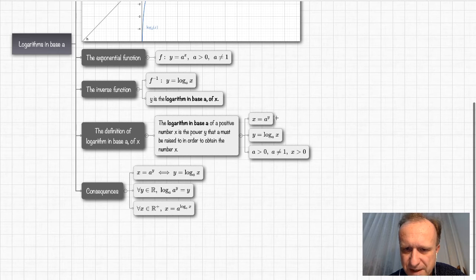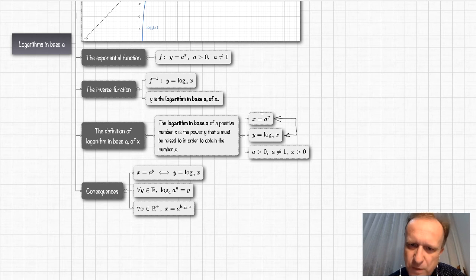Now this and this are equivalent statements, and once this is true, then also this is true, and once this is true, then the first one has to be true. So they are interchangeable. Whenever you have one, you can write the other, and vice versa. Now, consequences.